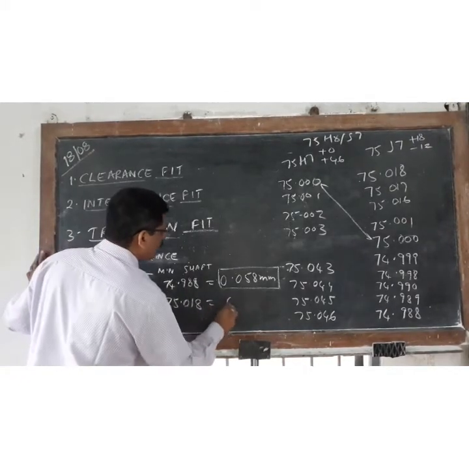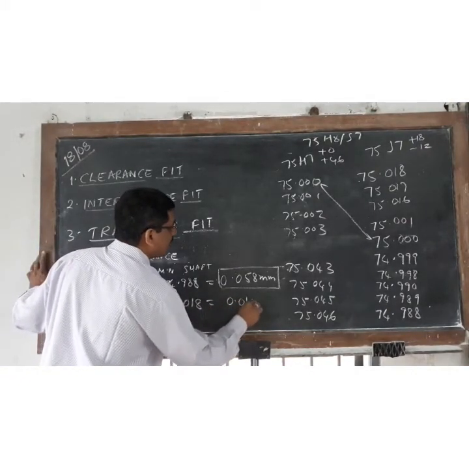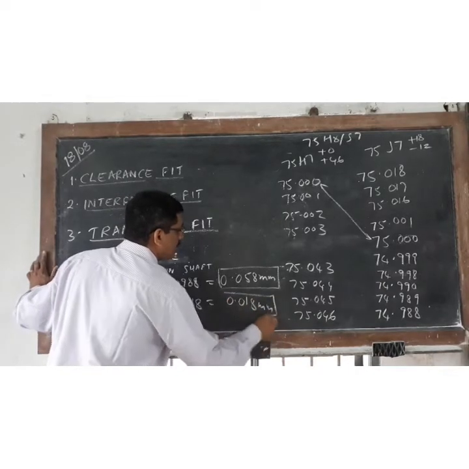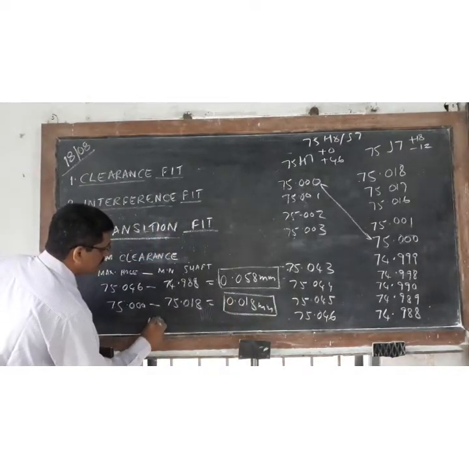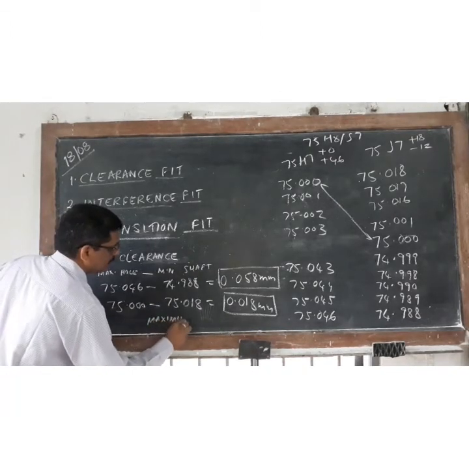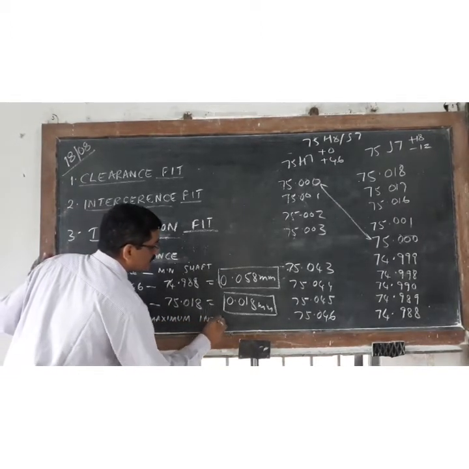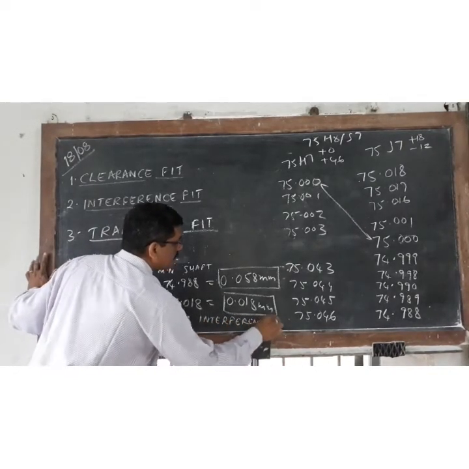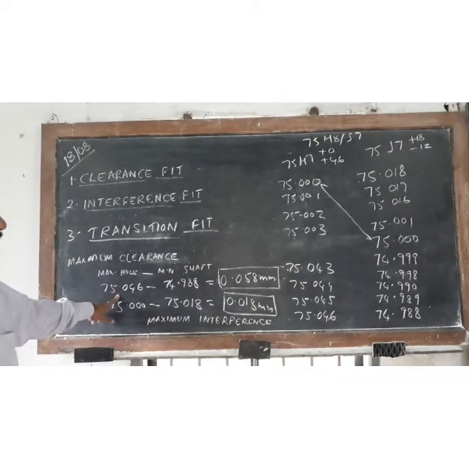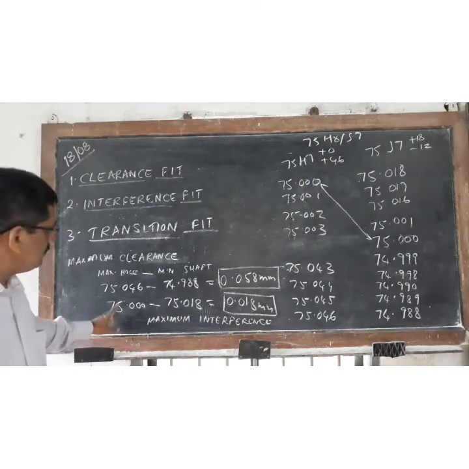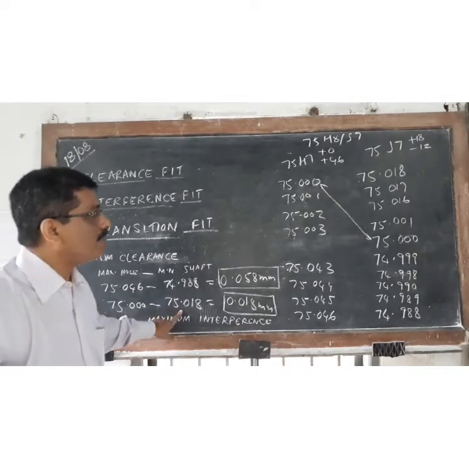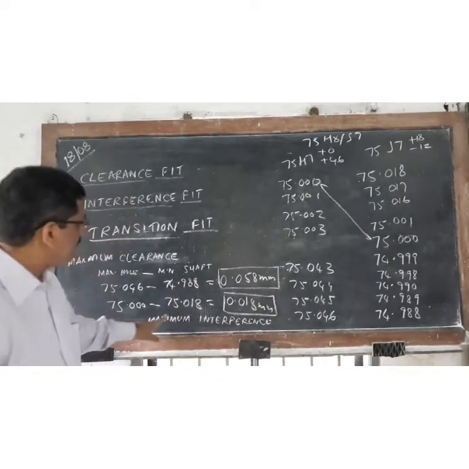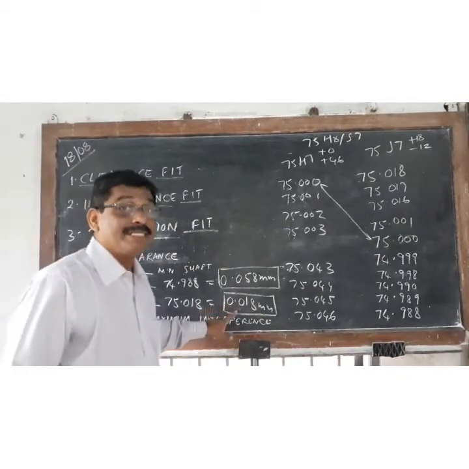So actually 0.018 mm. This is the maximum interference. So it is the minimum of hole and the maximum of the shaft. Minimum hole and maximum of the shaft, you will get the maximum interference.